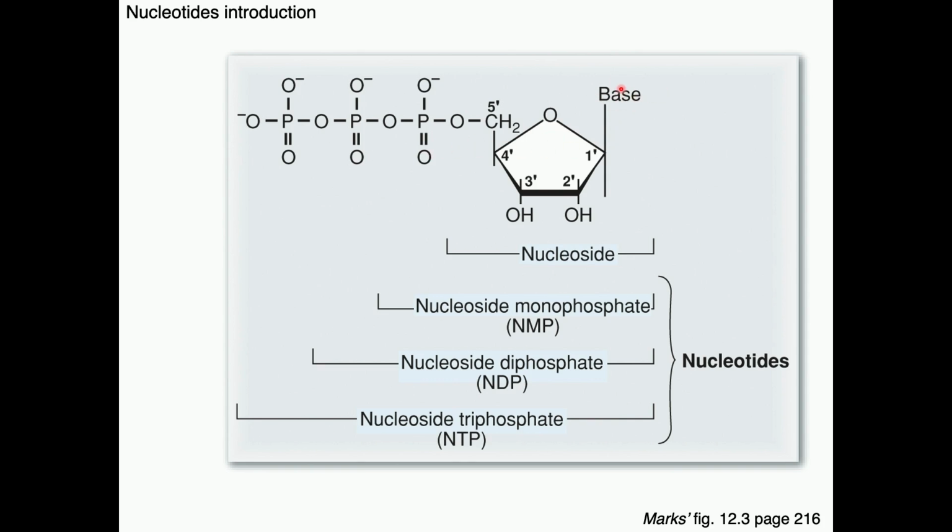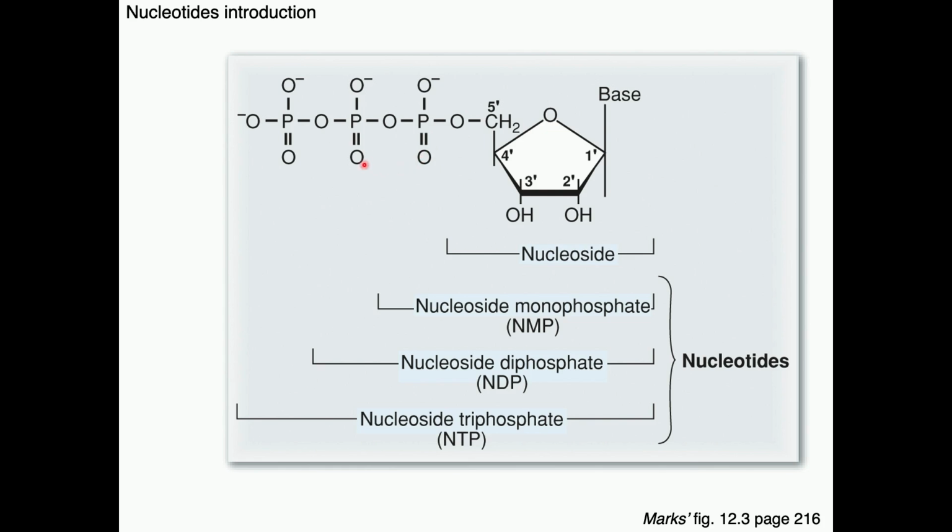The adenine base, when joined to the ribose sugar, becomes the adenosine nucleoside. If that adenosine nucleoside gets phosphorylated, it becomes the adenosine monophosphate nucleotide. Is that clear?